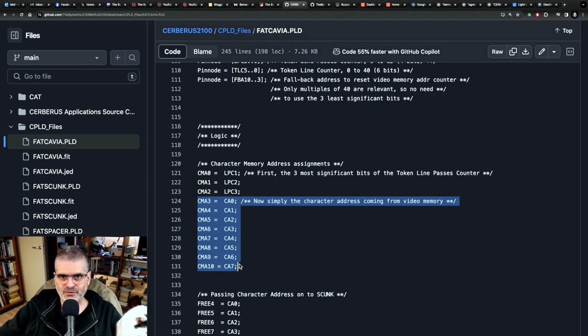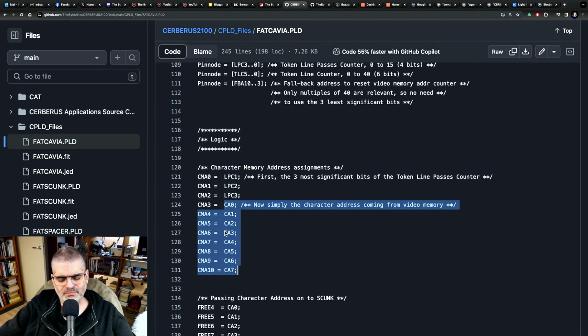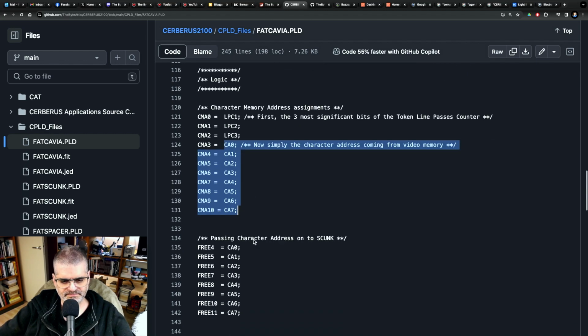But I also need to know which byte of the 8 bytes constituting the character's bitmap I'm addressing right now. So I need another 3 bits. And I explained it to you already in the circuit diagram. You see them back here. These bits are spat out from video memory identifying the character.